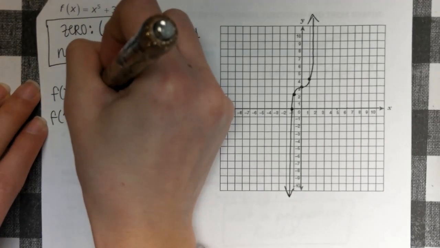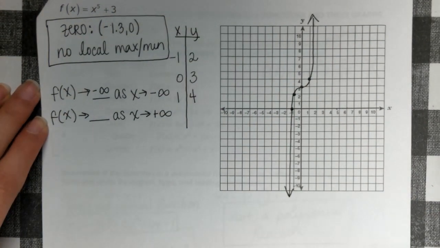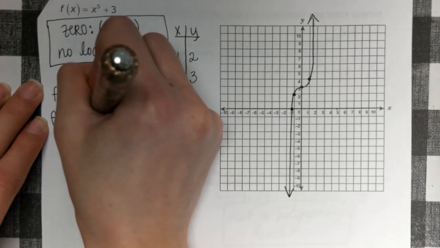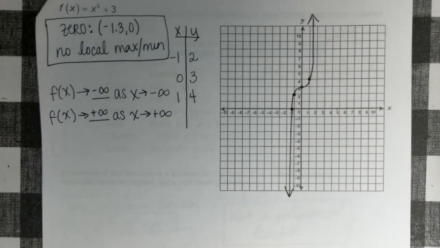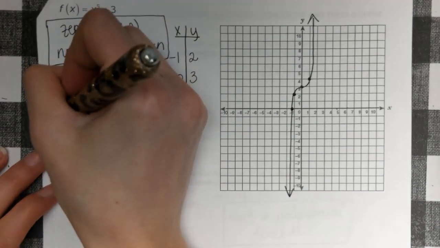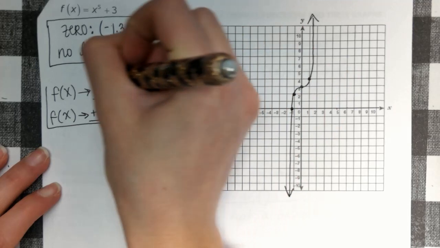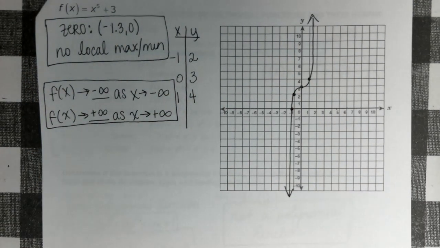Negative infinity. As x approaches positive infinity, my function is going. All good with that? Do we have questions?